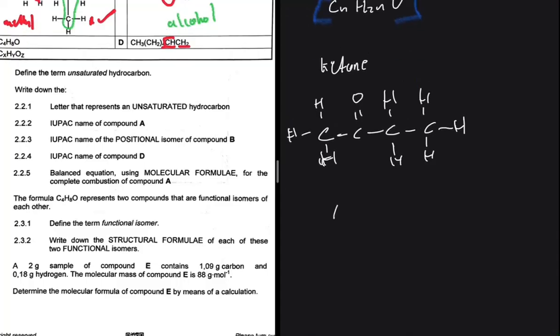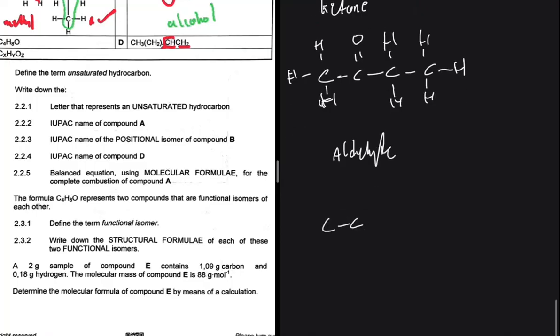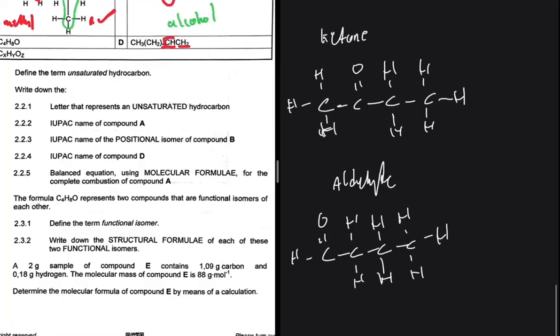We're going to have 1, 2, 3, 4, and the only difference now is that we put the double-bonded oxygen at the end. If we put it at the end, it's no longer a ketone, but an aldehyde. So there we go, with the hydrogens. Just like that, we have answered 2.3.2. We have our ketone there and our aldehyde.